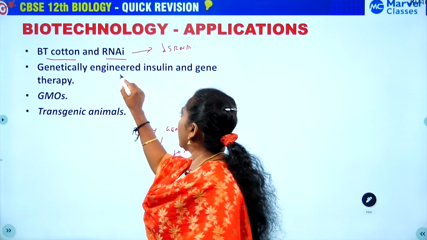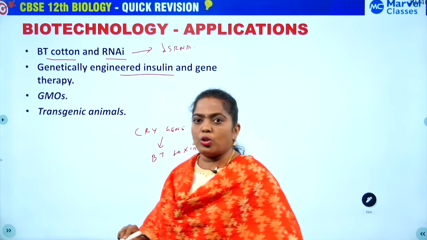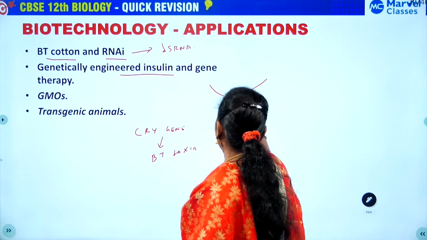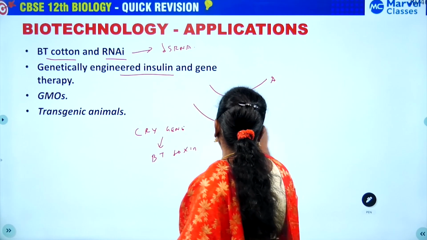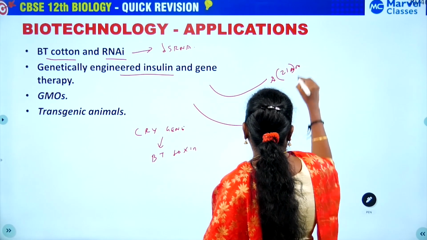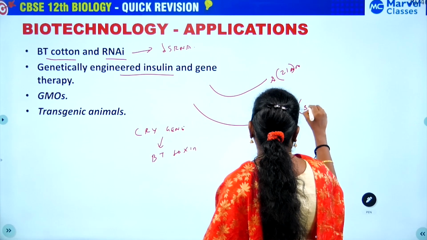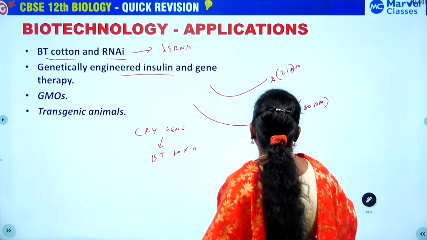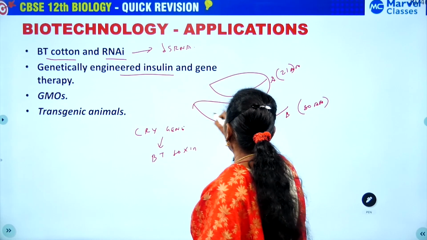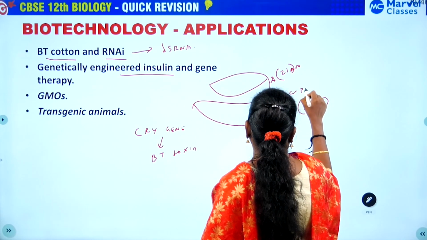Then genetically engineered insulin. So you have to talk about the insulin structure, the A chain, the B chain. A chain has 21 amino acids, B chain has 30 amino acids, and then you have to talk about the C chain or the linker chain, C peptide.